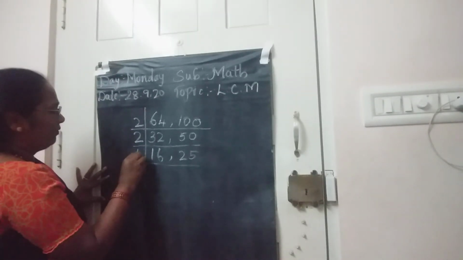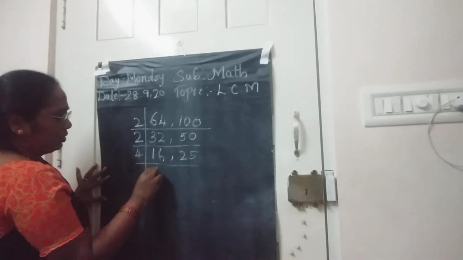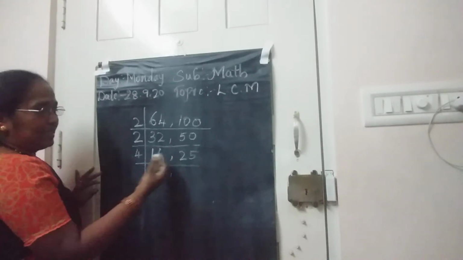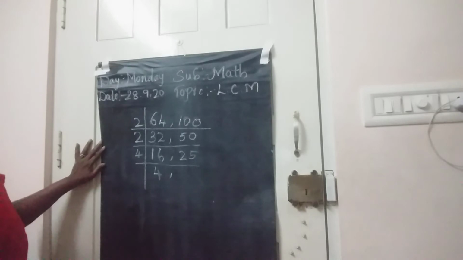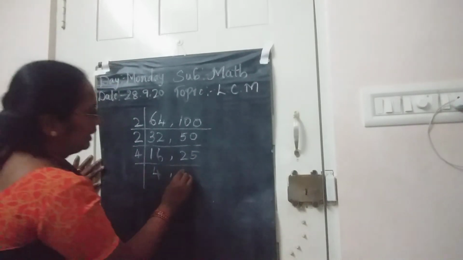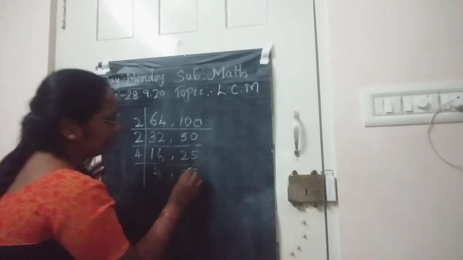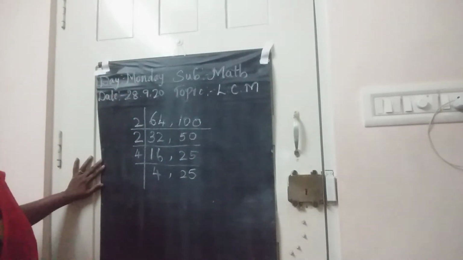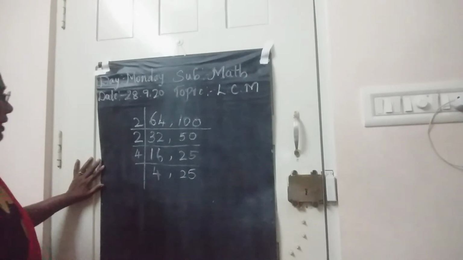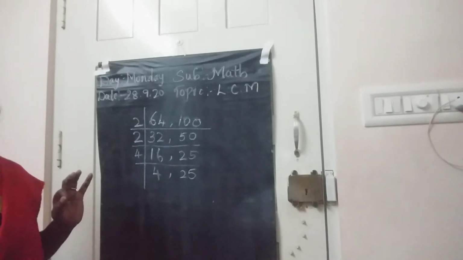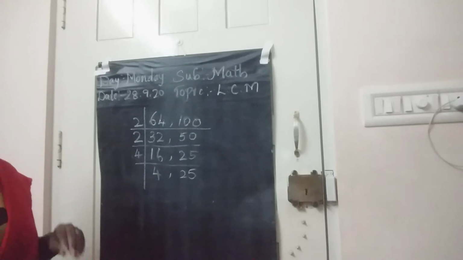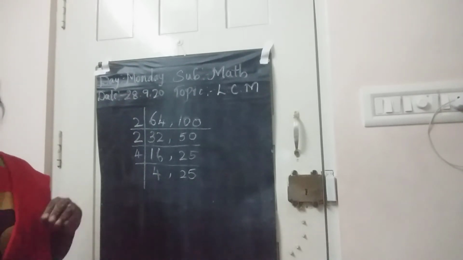Then what I do, I again bring it to the lesser number. I can go in 4 tables. 4 4s are 16, and here 4 cannot go in 25. So what I do is I bring down the 25 as it is. You can say, ma'am, we can leave it like that only. But we have to divide by the least number.